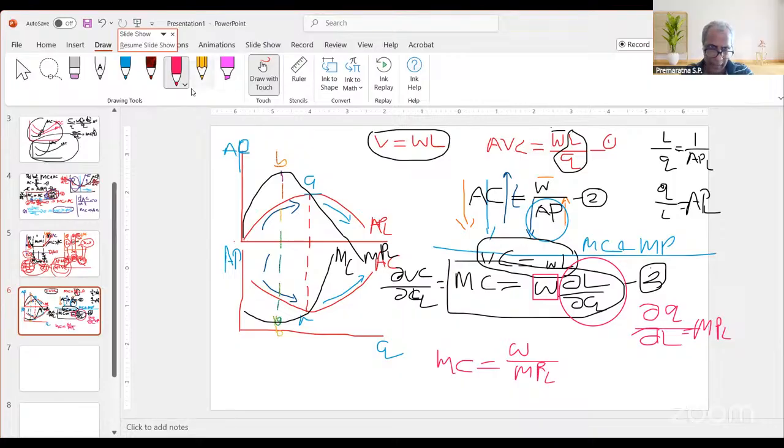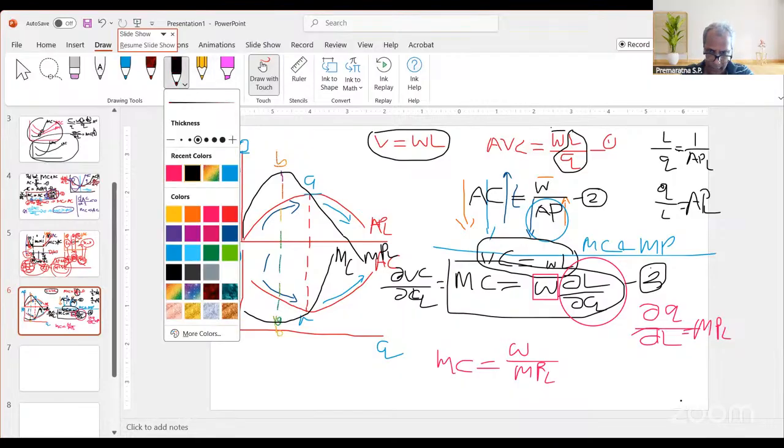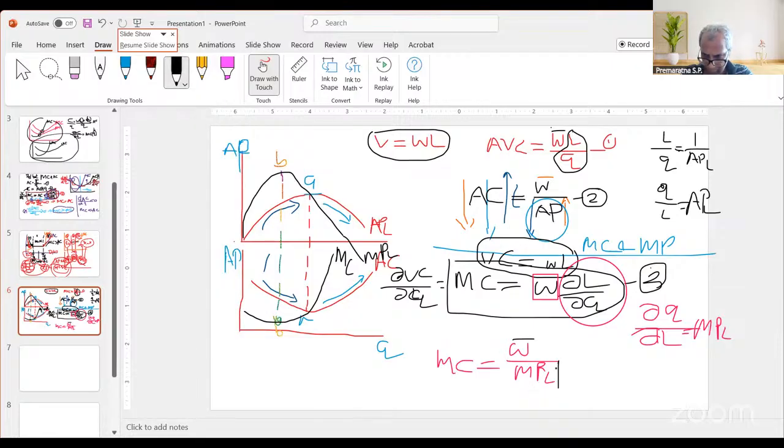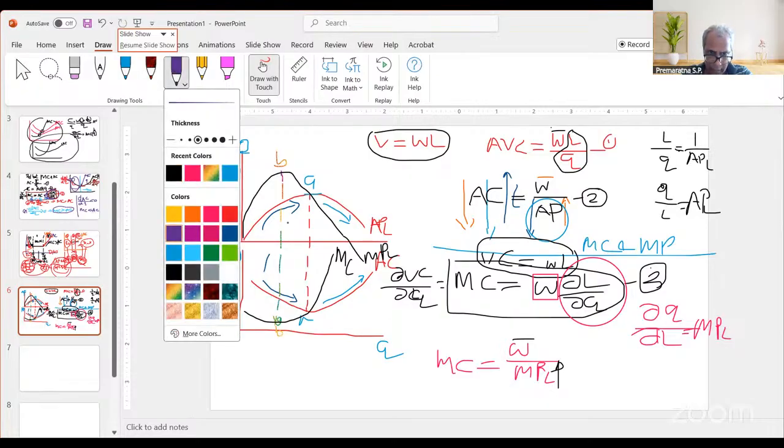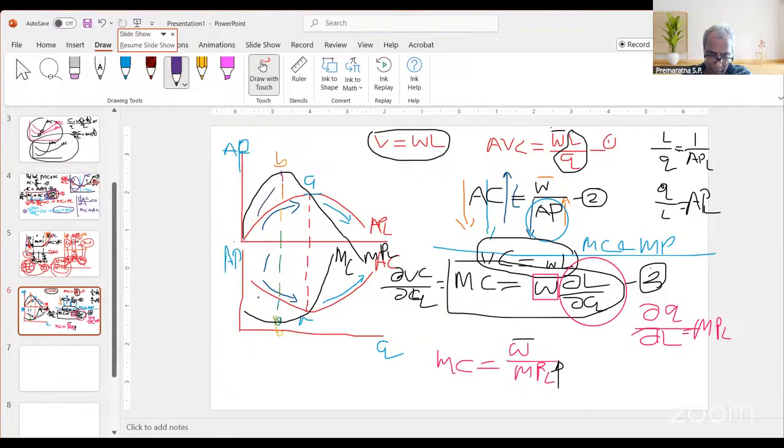Now, same thing like we did before. Since this is constant, if the marginal product increases, we are talking about this part, the marginal cost goes down.